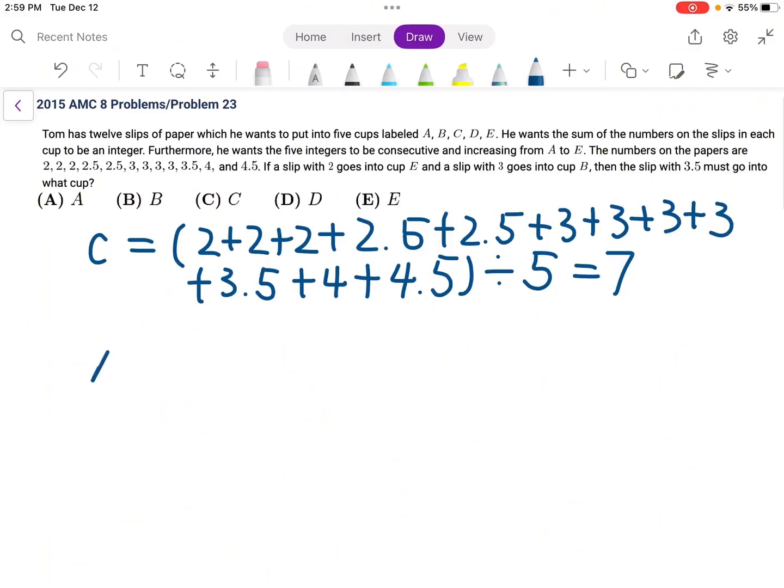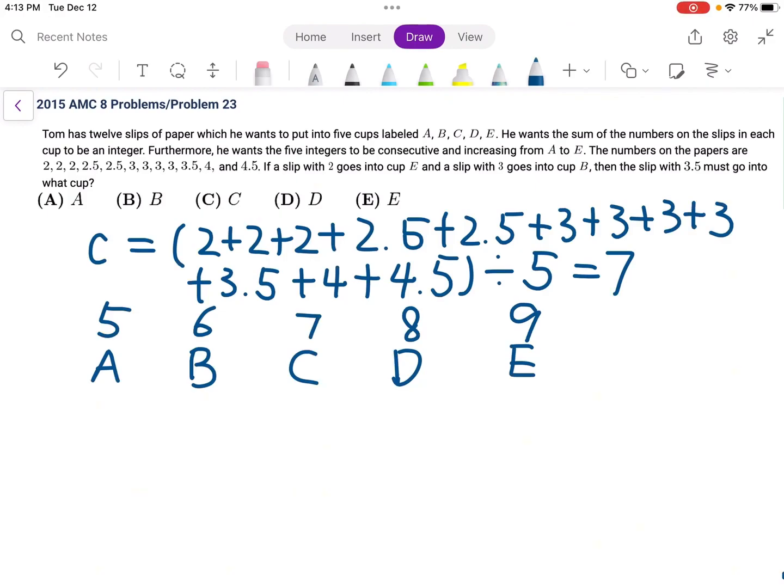Let's write down A, B, C, D, E, and C is 7, then B is 6, A is 5, D is 8, E is 9.